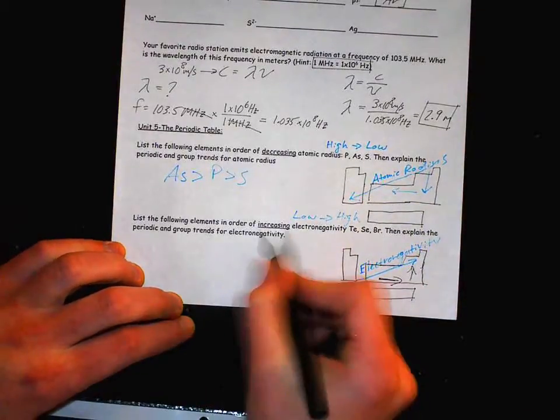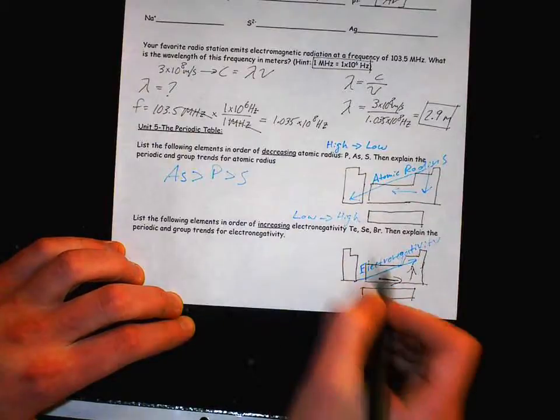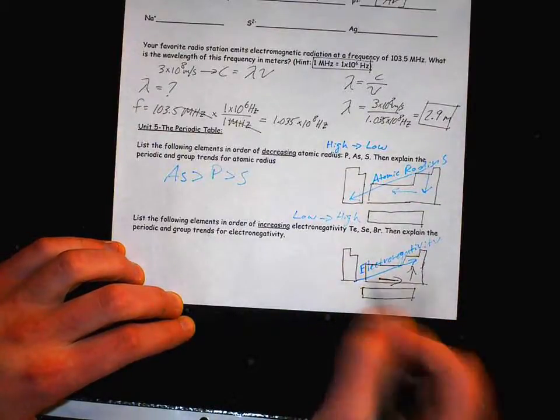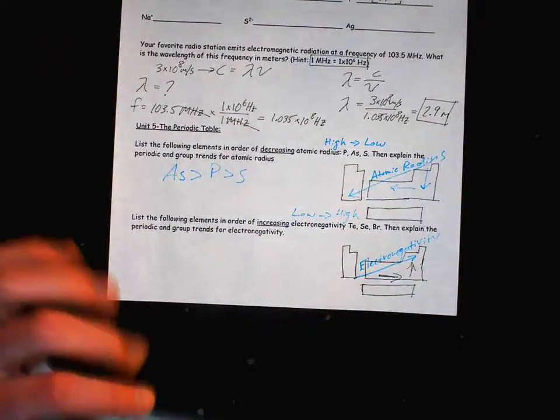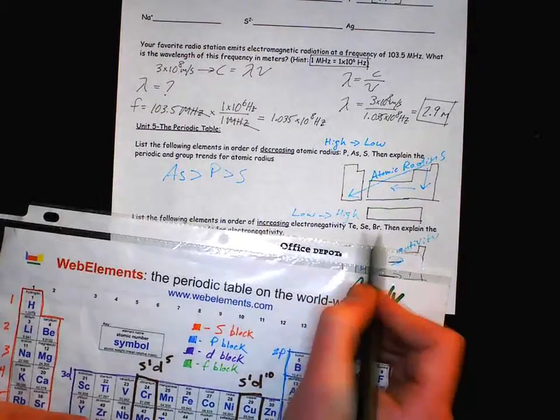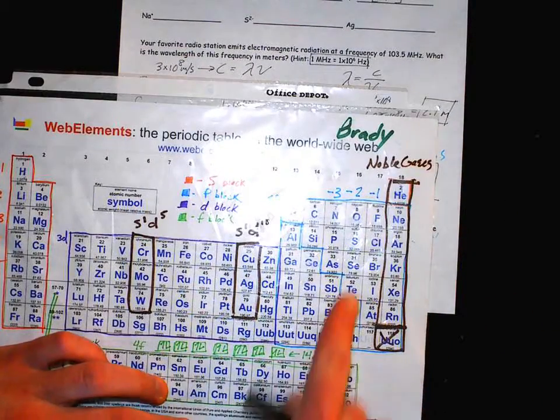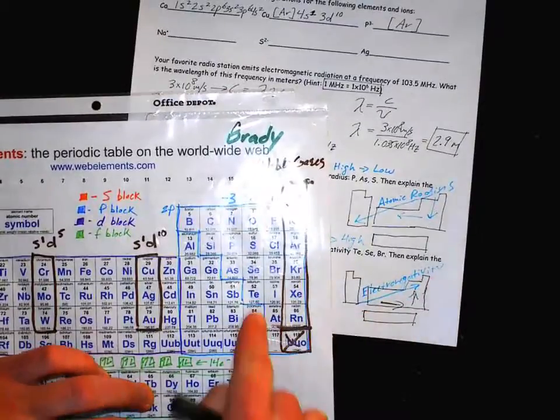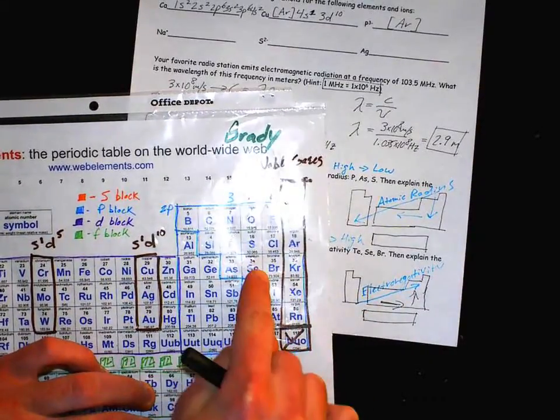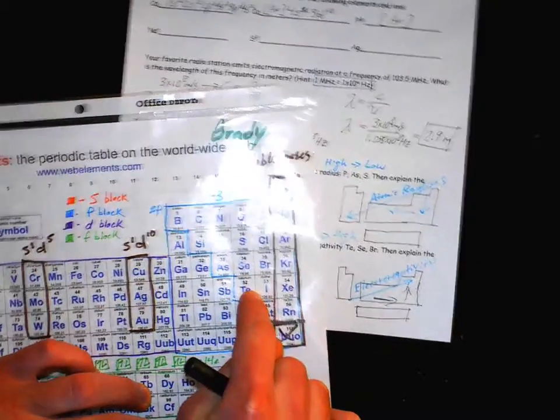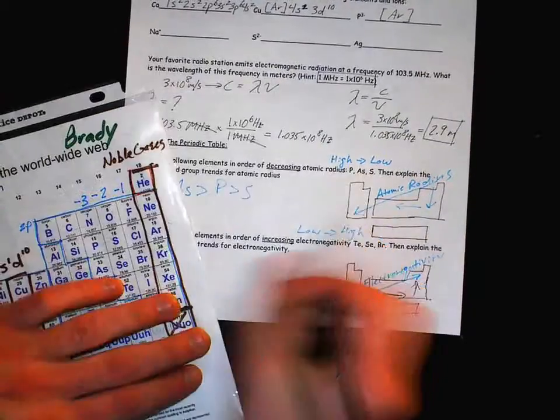So we want to go increasing. We want to start with the lowest. So the lowest one will be furthest to the left and lowest in its group. So we're going to find these three elements, and they are right by each other. Okay, so the lowest to the left is tellurium, so we'll start that.